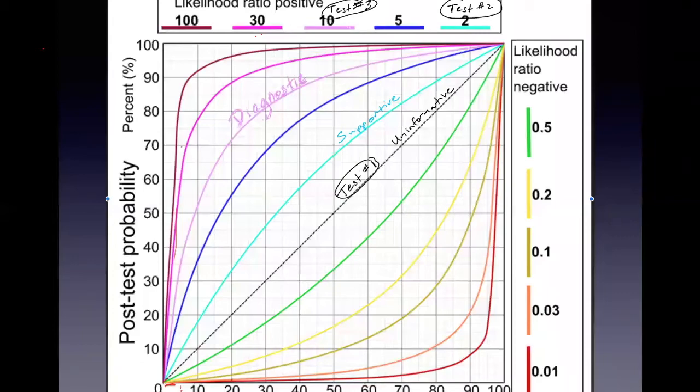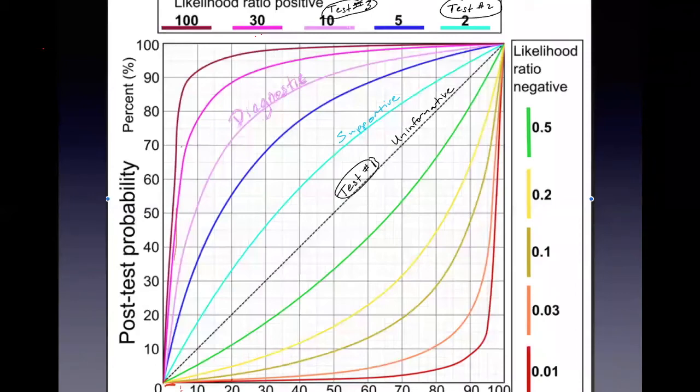They may be more burdensome, right? They may require a surgical sampling from a patient. There's a whole bunch of different things that affect these likelihood ratios that may make it impractical to choose a fantastic test, and you choose a lesser test because it's more affordable or more available.